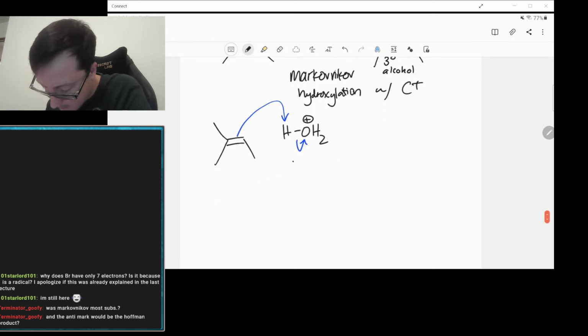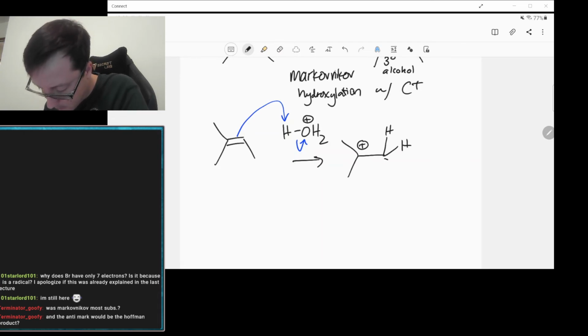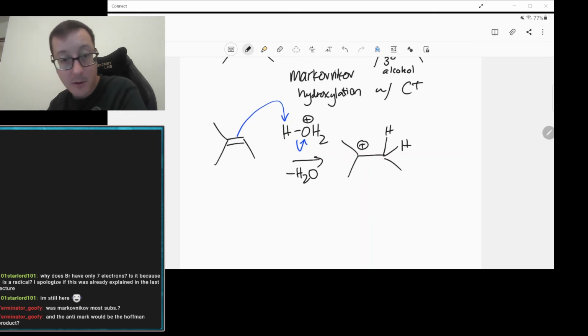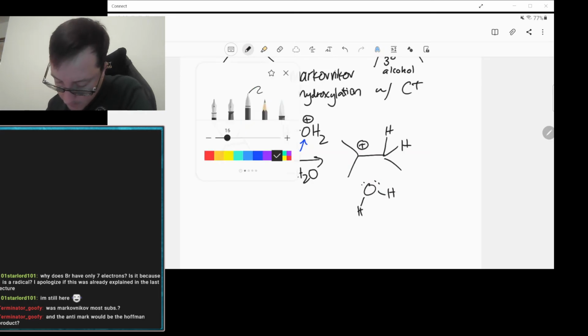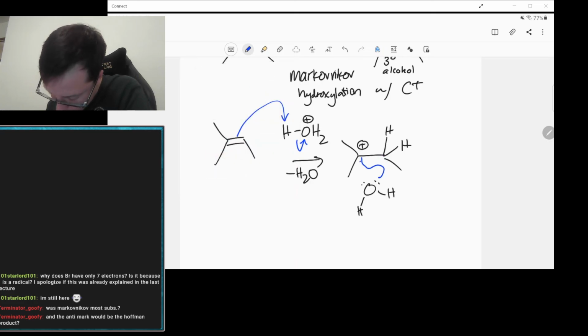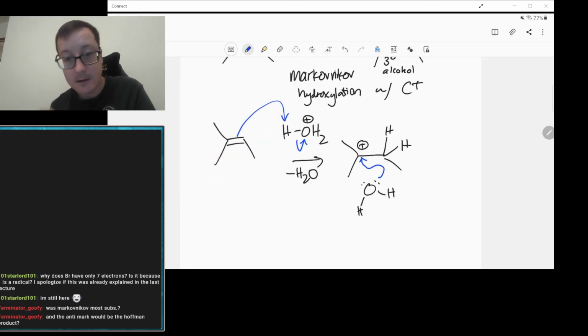So by doing this, we now have a second hydrogen on our thing. Water's our byproduct. Lo and behold, the water comes in for round two. X the electrophile.